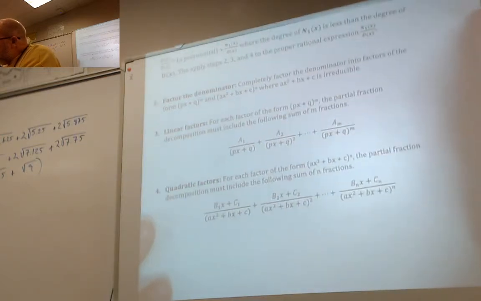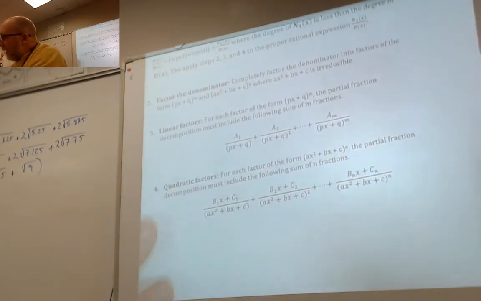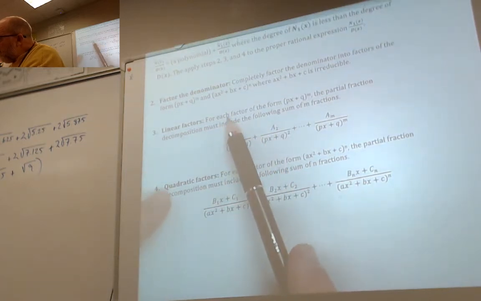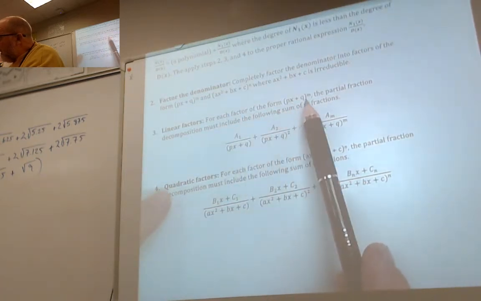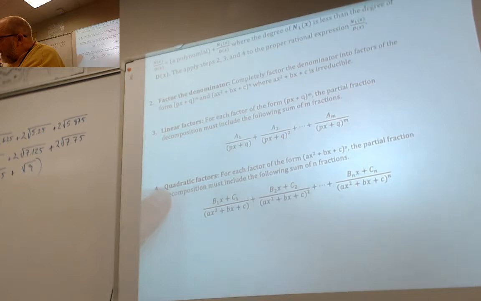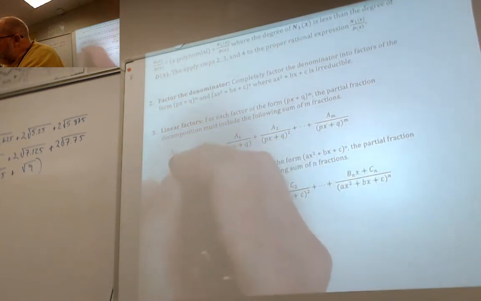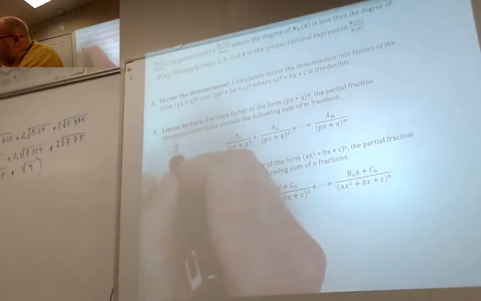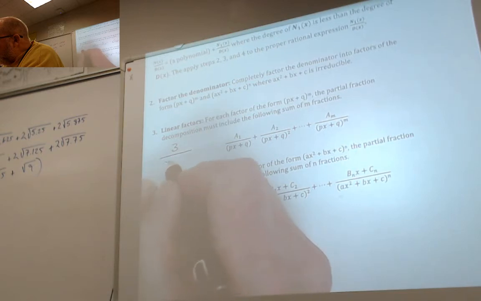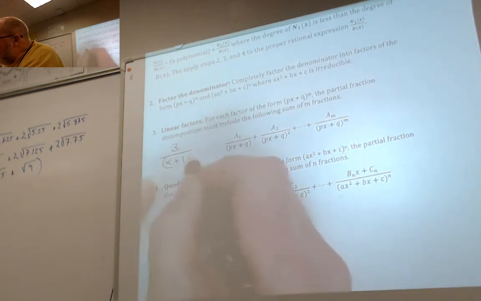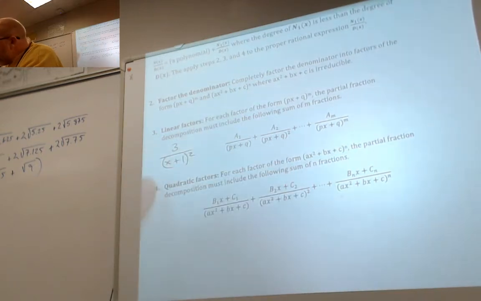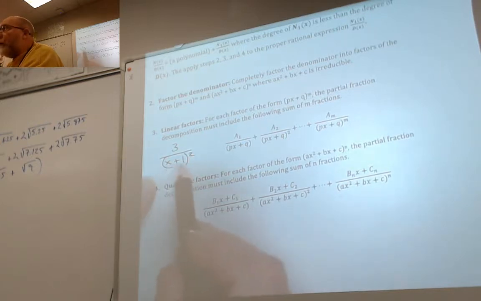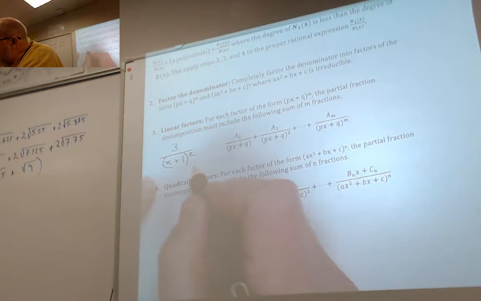Secondly, in the denominator, for each factor in the form, okay, so what I'm saying is if I have something like this, 3 over x plus 1 squared. This is called a linear factor. And I'm going to write this in this form.